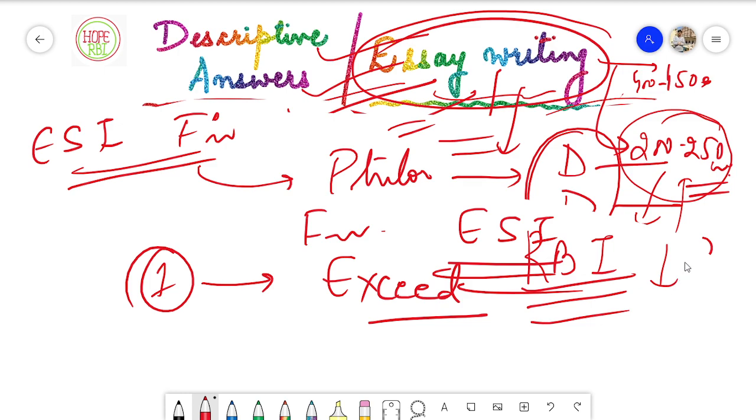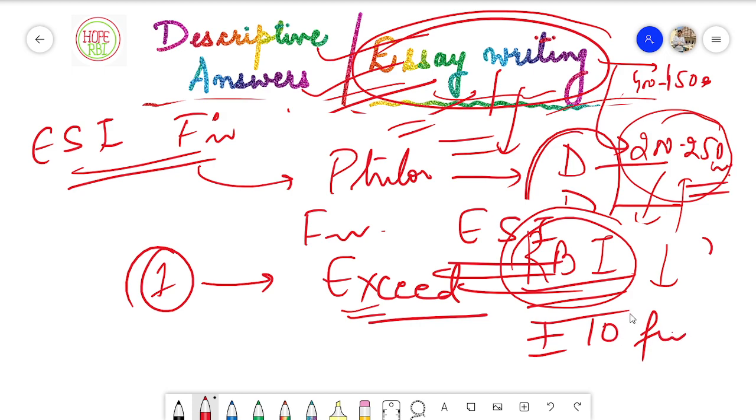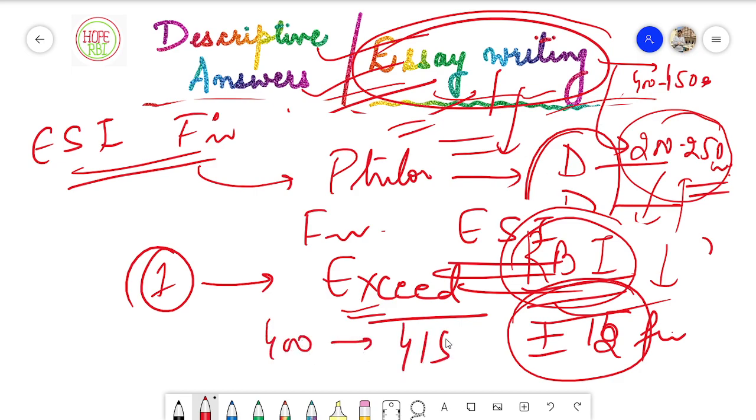Even if an examiner is checking your paper, it will give a very wrong impression if you exceed your word limit. Plus minus 10 is fine, or even plus minus 15 is fine, but not more than that. It might be less but not more. Suppose your word limit is 400, you can go up to 415 max, but not more than that. This does not give a good impression to the examiner.